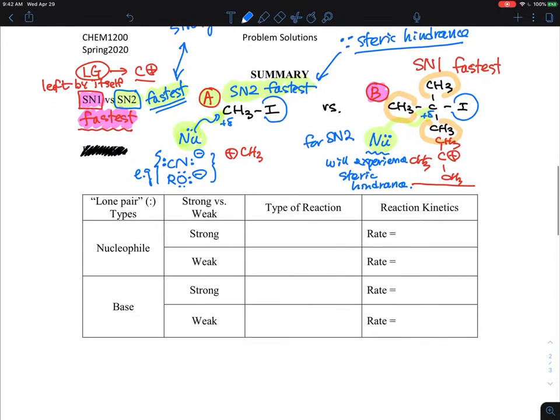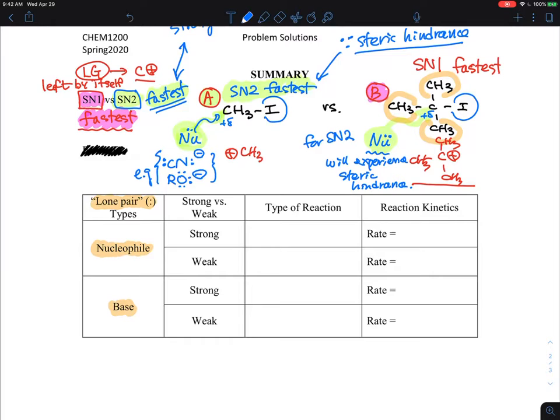Okay, so that's the summary I want to give. And then this is the following table that I'd like to talk to you about. When you have some kind of compound with lone pairs, you can have a nucleophile, or you can have a base, right?